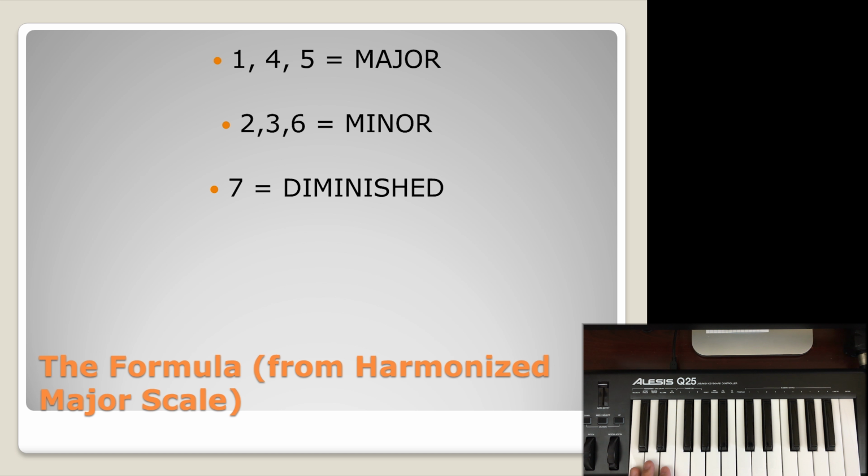And if you do the same thing to the second degree in the C major scale, stack thirds on that, you're harmonizing that note and you get a D minor chord. E minor for the third, right? And so forth. And as you go up, you harmonize the major scale. And that's what gives us the 1, 4, and 5 are major, 2, 3, 6 minor, 7 diminished.